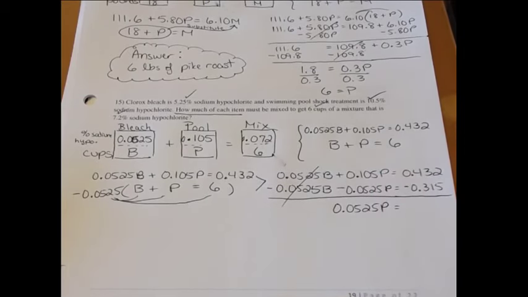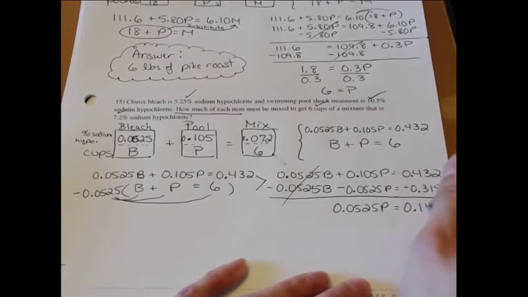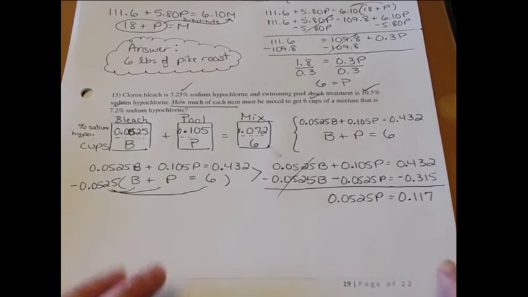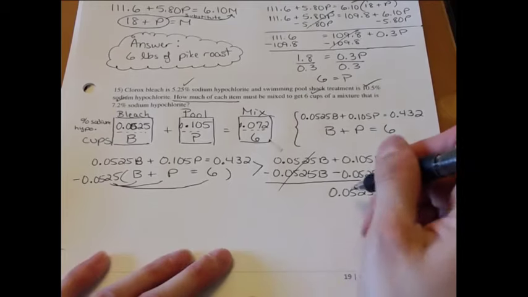Now let's punch in 0.432 minus 0.315. I'm double checking my calculator. And we get 0.117. All right, as long as you're taking the time to punch it in, you'll be just fine.